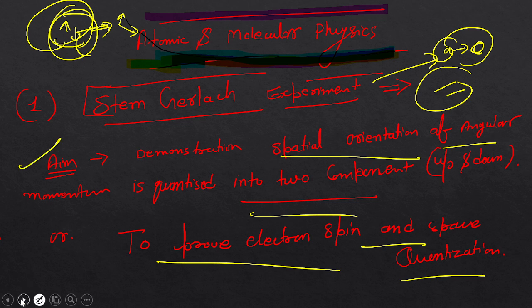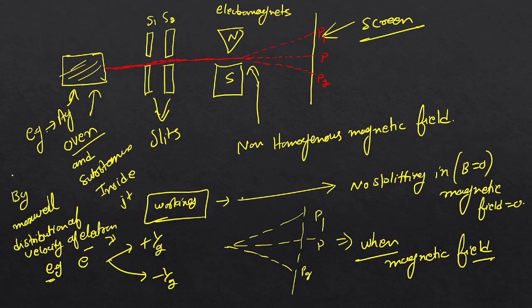Let's start our experiment. So this was the experiment and this was the arrangement, guys. Understand one thing about what is happening here: this is the oven, and there is a particular atom, let's say a silver atom, which was used in this experiment. It is heated at a very high temperature and converted into a beam, let's say the beam of this silver atom.